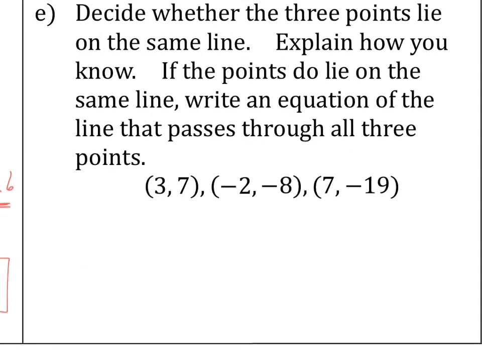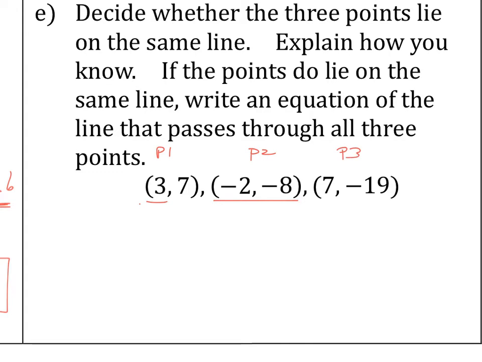Part E. Decide whether the 3 points lie on the same line. Explain how you know. If the points do lie on the same line, write an equation of the line that passes through all 3 points. Well, the strategy to this would be to just find the slope between all 3 points. So I'm going to label this point 1, point 2, point 3.